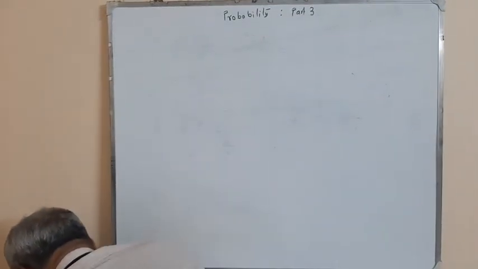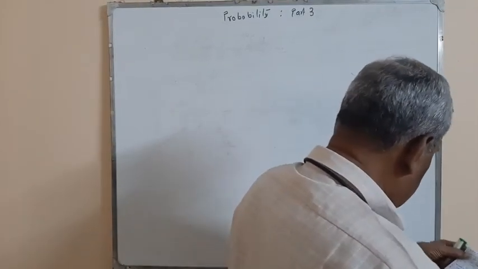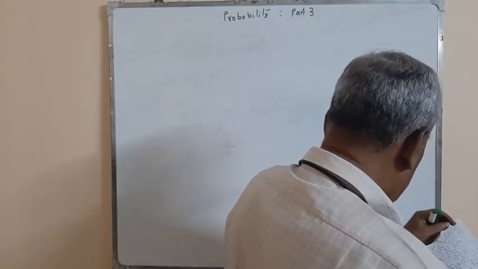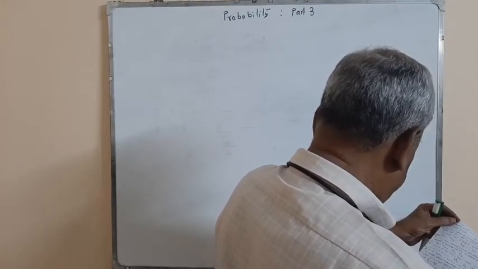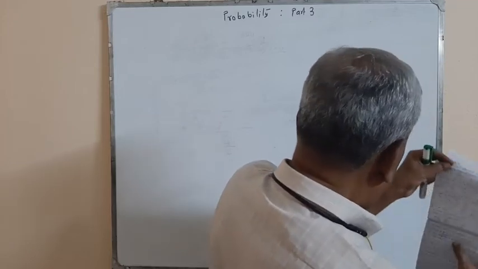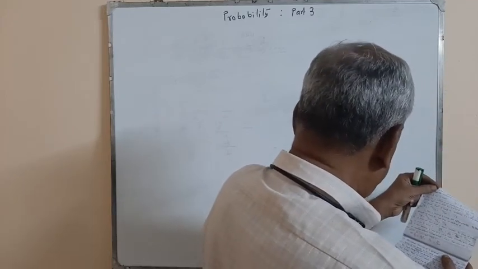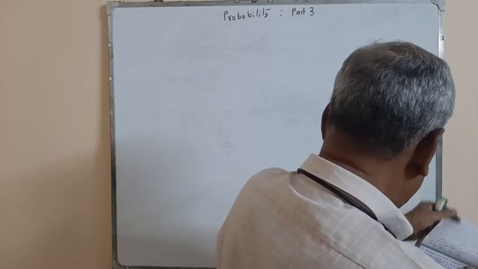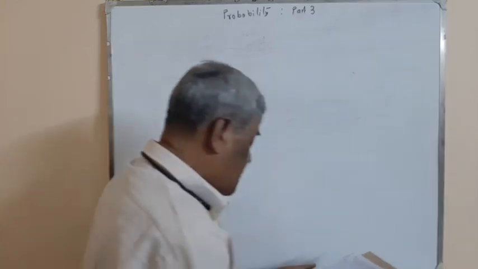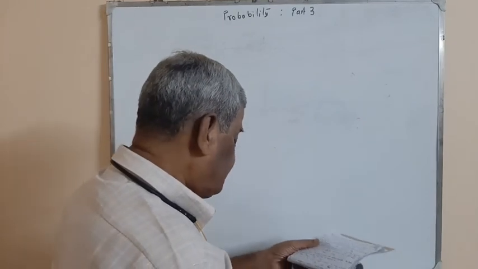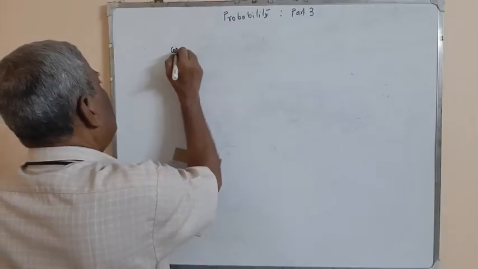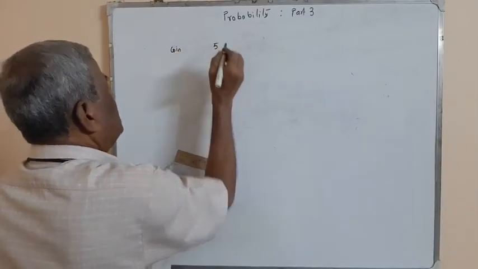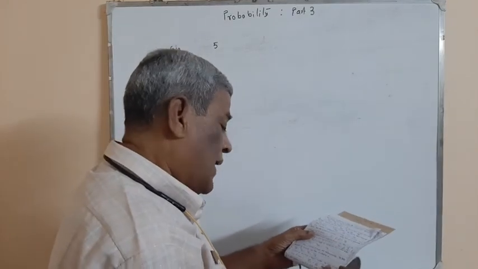So next problem. Next problem is, one coin is tossed 5 times, one after another.